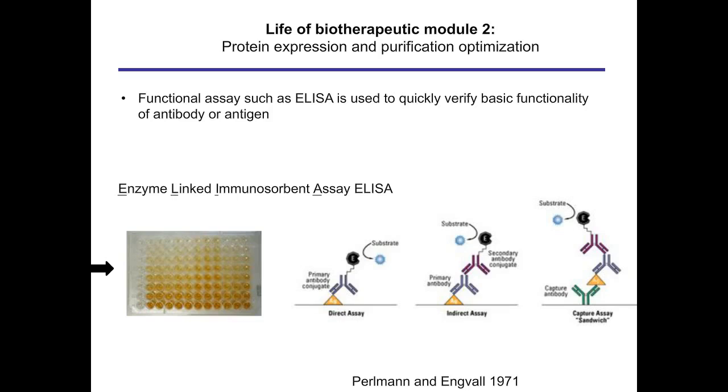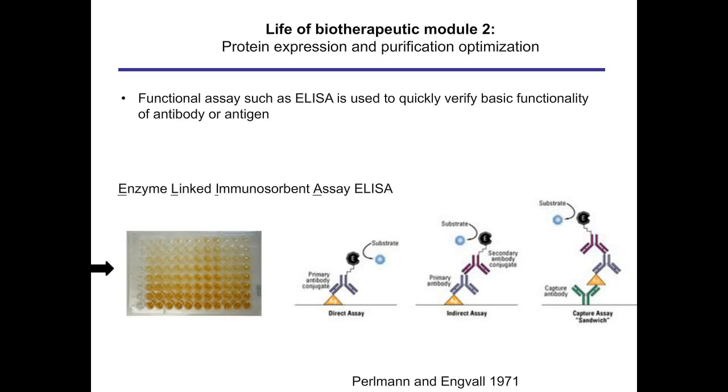In this method, one attaches to a microtiter well an antigen of interest if you are expressing an antibody and you're looking for function, and the antibody can either be labeled with horseradish peroxidase or a fluor that will allow you to track the functionality of the antibody by its binding and its colorimetric readout on the slide.